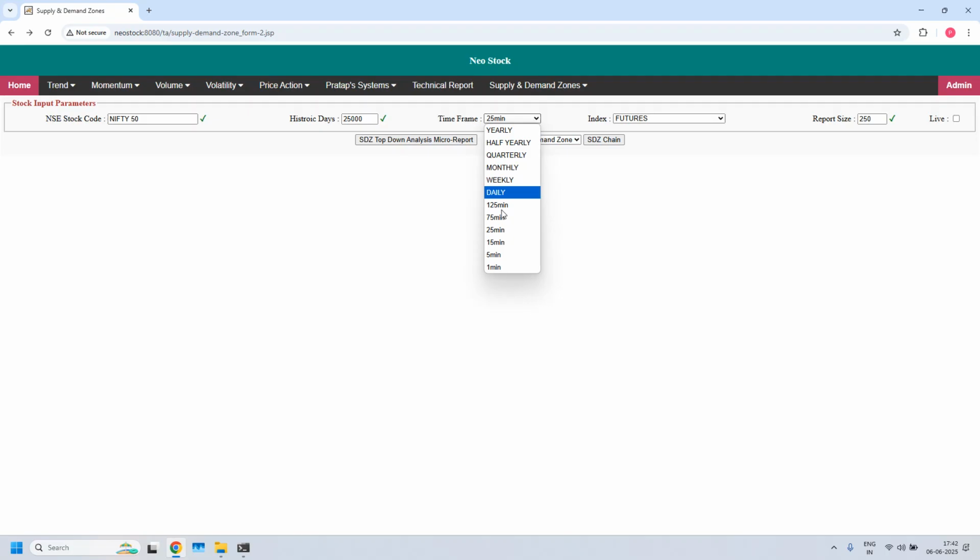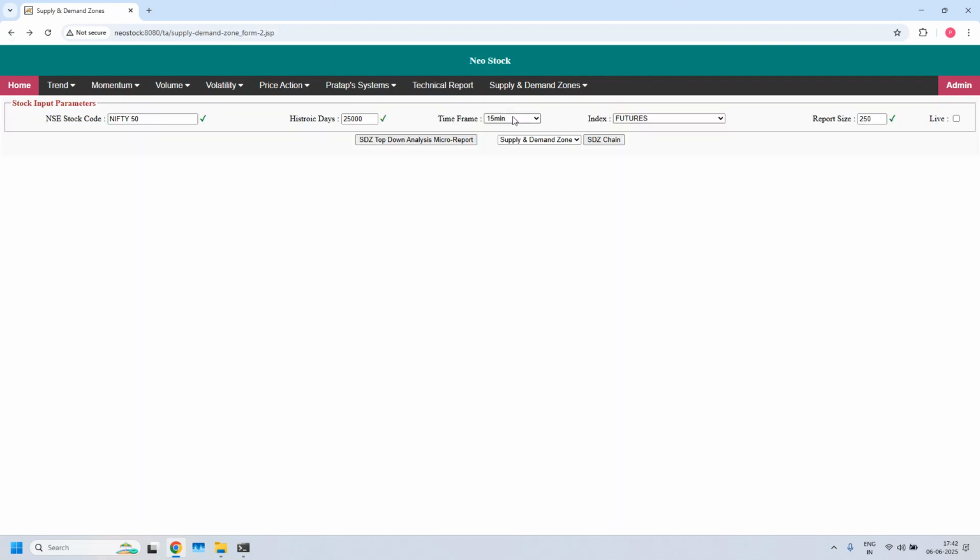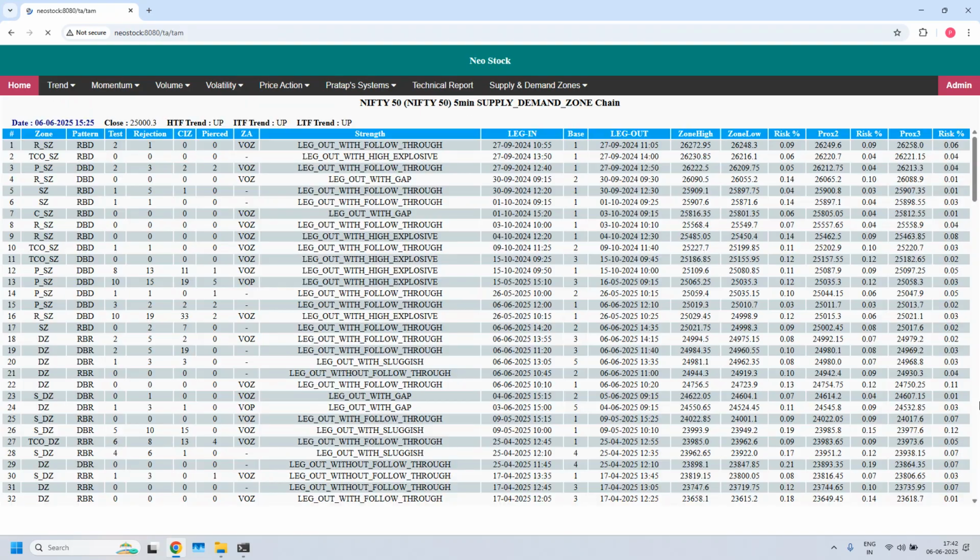Next, 15 minutes supply demand zone chain for Nifty. Next, 5 minutes supply demand zone chain for Nifty. So this is about Nifty supply demand zone chain.